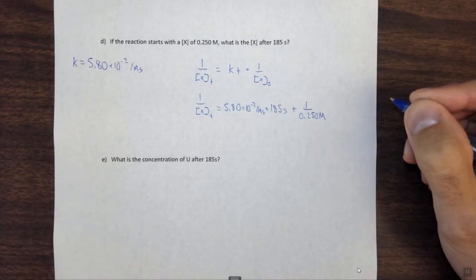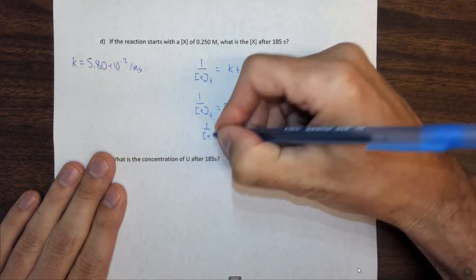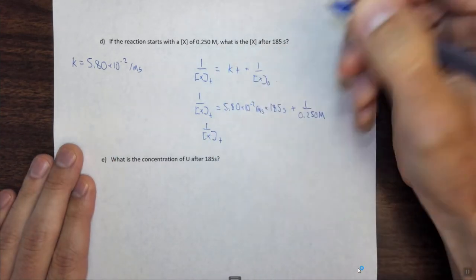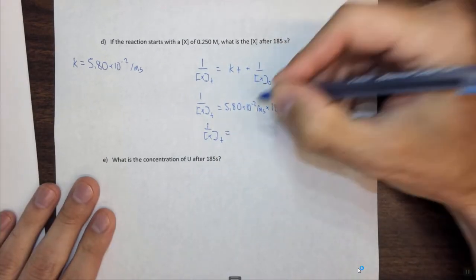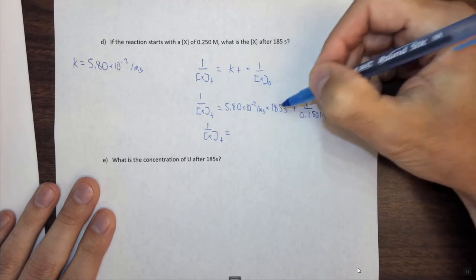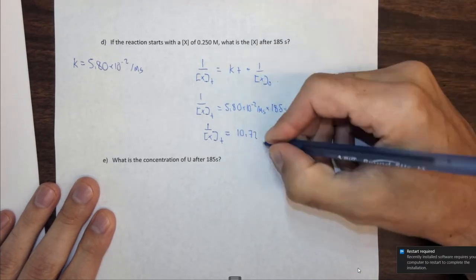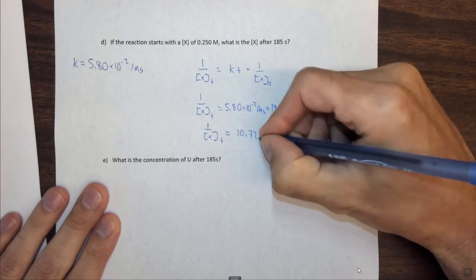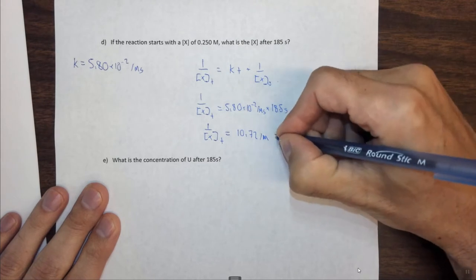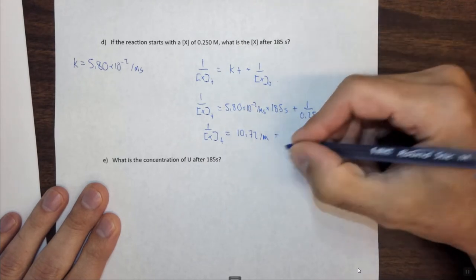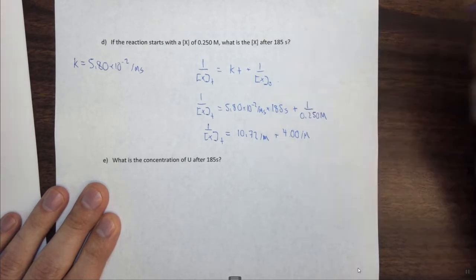Now we need to simplify the math. 1 over the concentration of X at some time is equal to these two numbers multiplied by each other, which is 10.72 per molar, because seconds cancel out, plus 1 over 0.250 is 4.00 per molar.